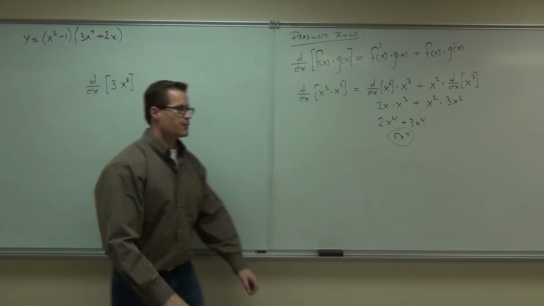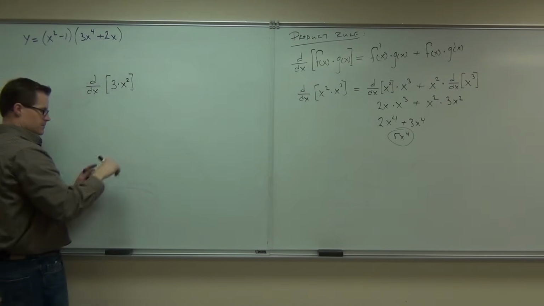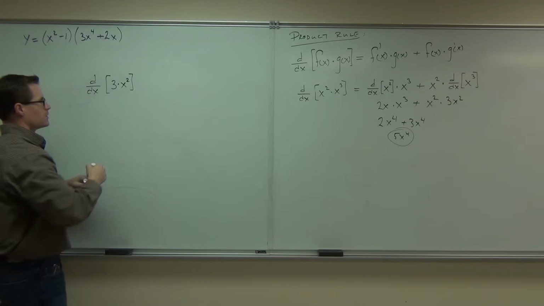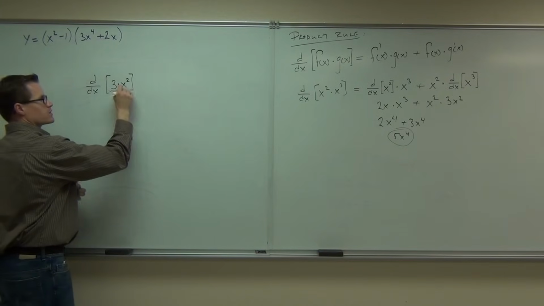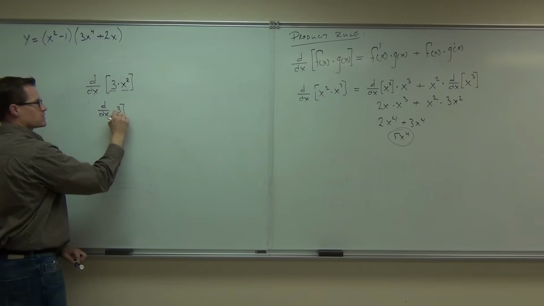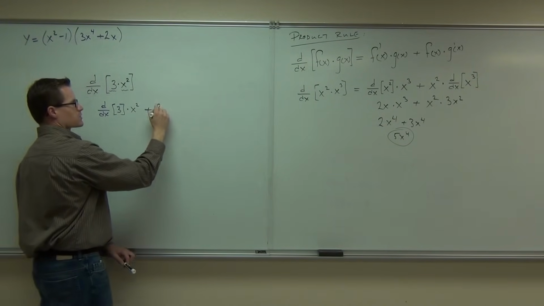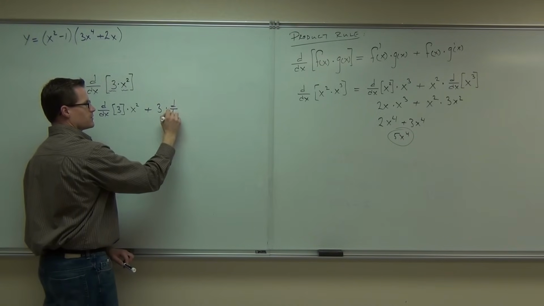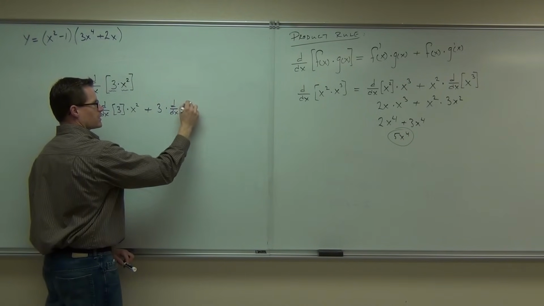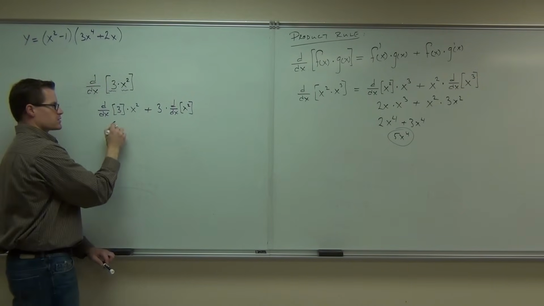Here's why. If you consider this to be a product, check this out. This would be your first, and that would be your second, true? You'd have the derivative of your first times your second plus your first times the derivative of your second. All right, very good. What's the derivative of 3? 0 times x squared.